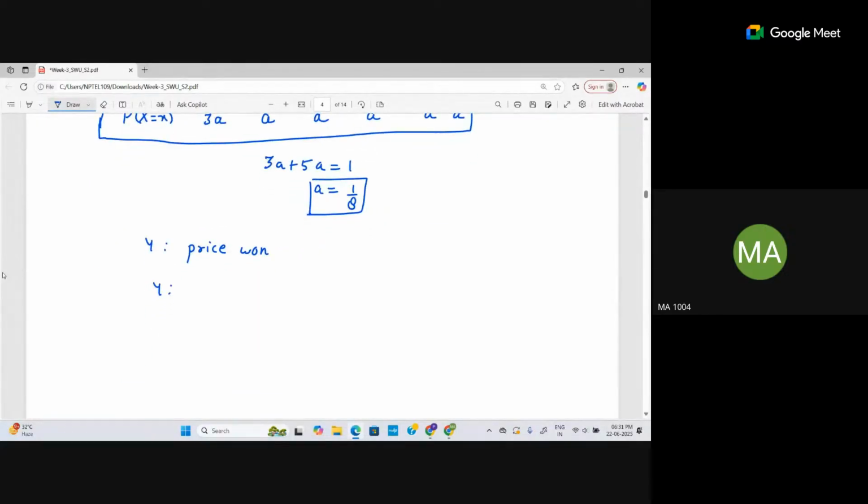Y will be taking values 120, 180, and minus 140, because he is losing the money, 140. Is this clear to everyone? Yes, ma'am. Because this money he is receiving and this he is losing, that's why I'm taking this money as negative. Now we want to find the probabilities associated with these values, and then we can find the expected money won by the player.